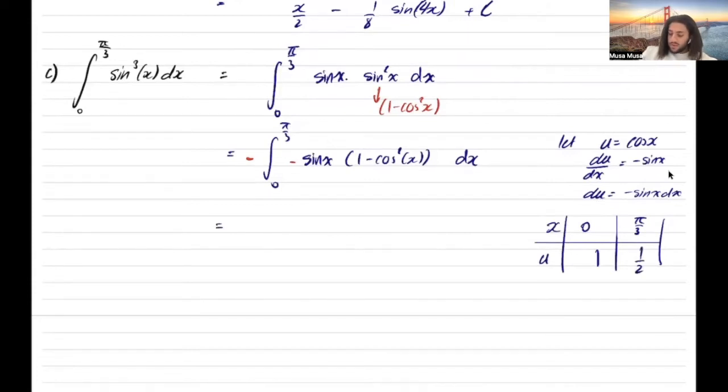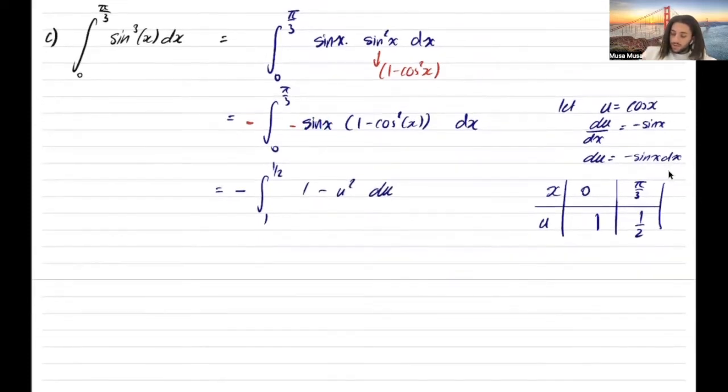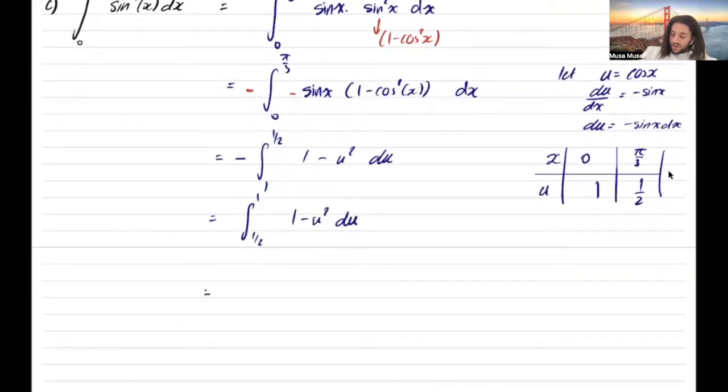So this becomes minus the integral from 1 to a half of 1 minus u squared du. You can use this negative to swap the bounds and make it the integral from a half to 1 of 1 minus u squared du. Finding this integral gives u minus a third of u cubed.